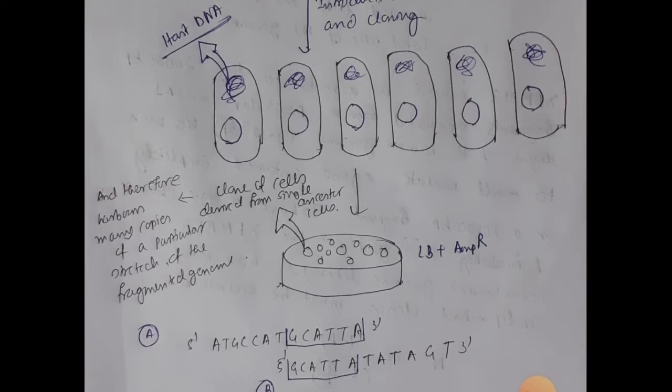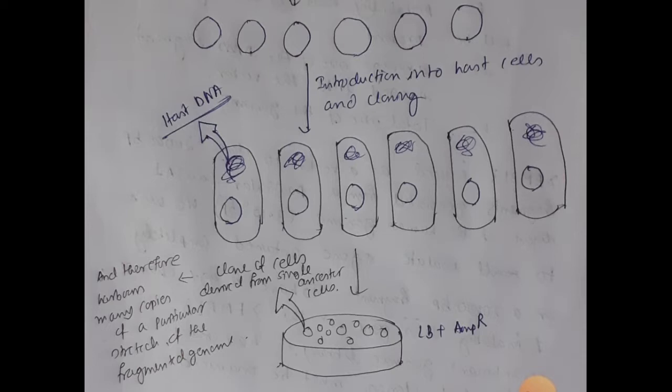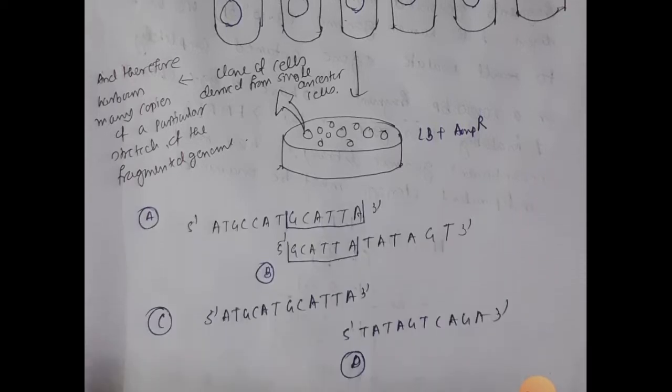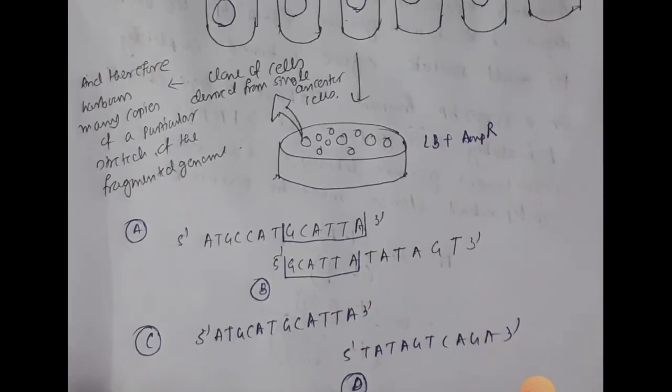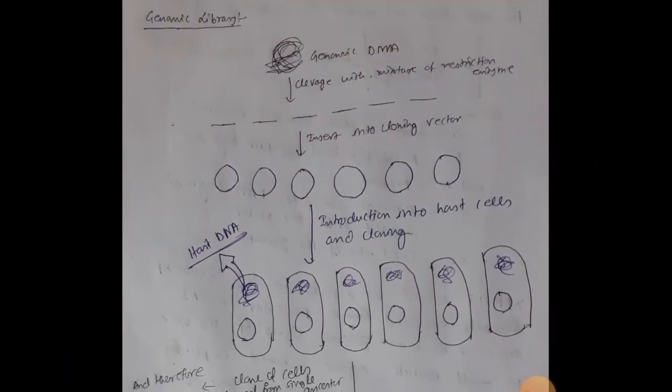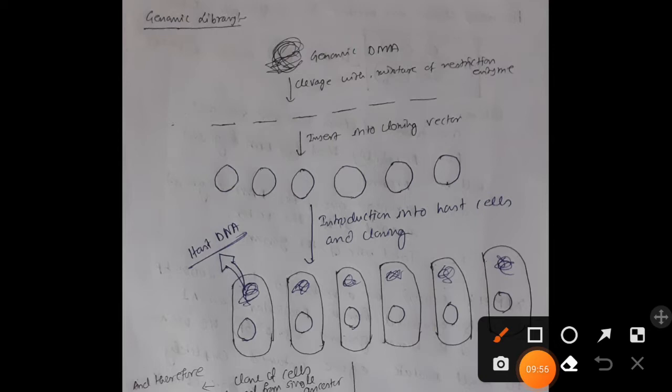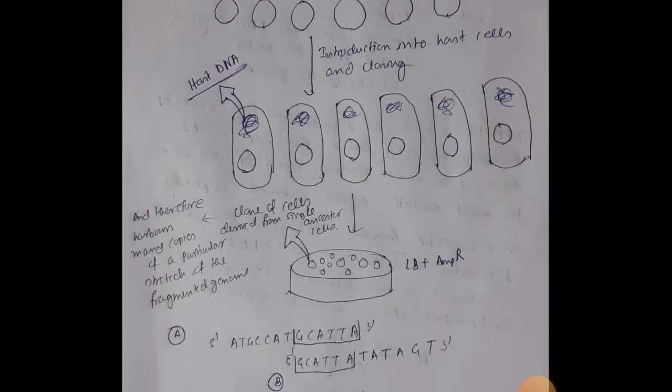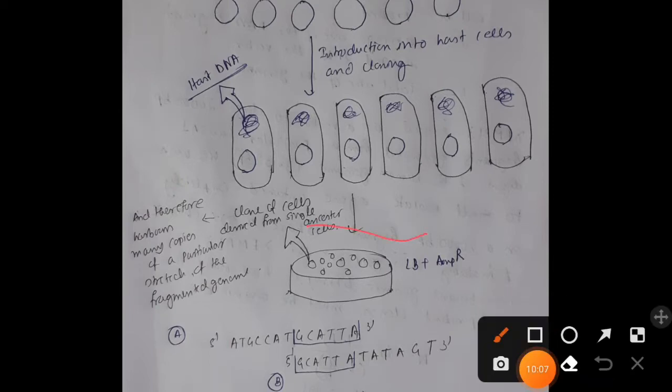To screen them, the first thing you have to do is sequence them, right? For sequencing, as you can see, in that procedure we are cloning each of the fragments, and then we are transferring them to a particular host, right? And then we are plating the host cell cultures, and then we are getting colonies, right?